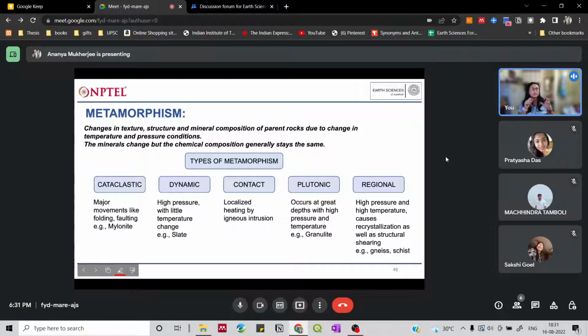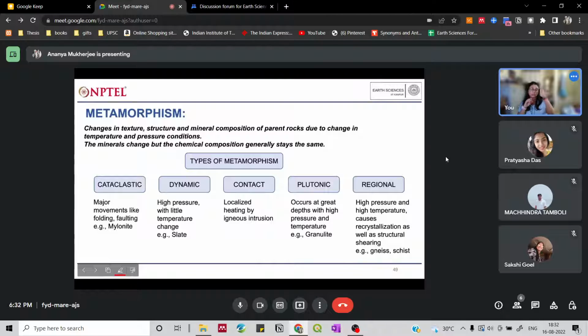That happens when you have a surrounding rock, suppose granite. Through a crack or a fissure in the granite, a magmatic, igneous intrusion is coming out.